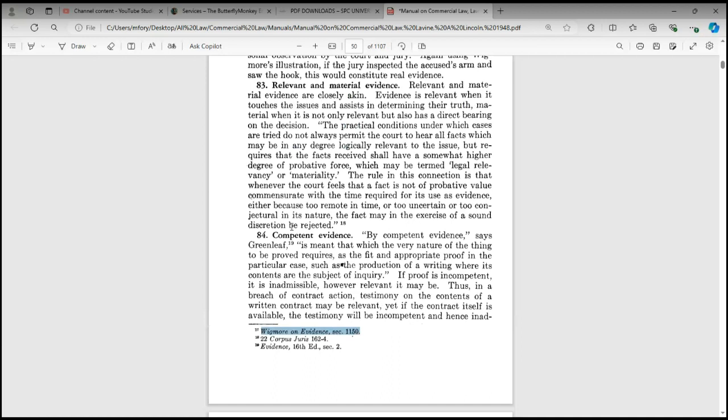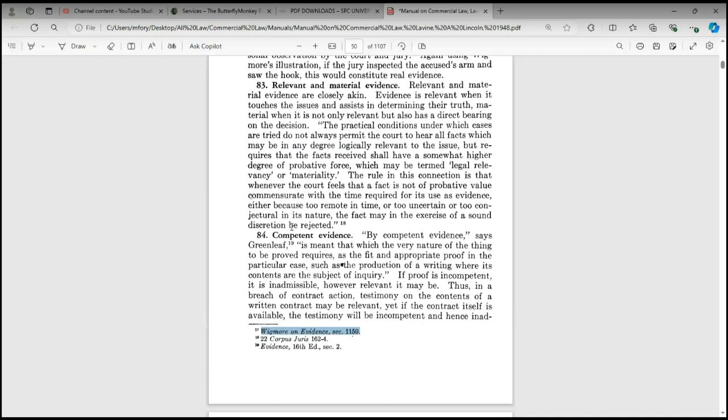The practical conditions under which cases are tried do not always permit the court to hear all the facts which may be in any degree logically relevant to the issue, but require that the facts received shall have a somewhat higher degree of probative force, which may be termed legal relevancy or materiality.